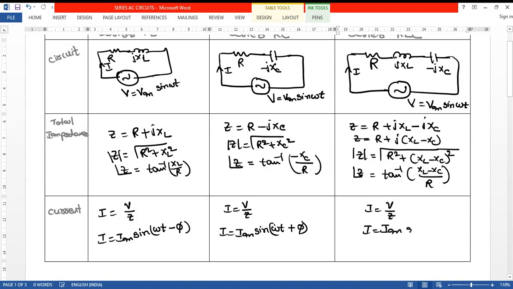So I is equal to Im sin omega t plus or minus phi.